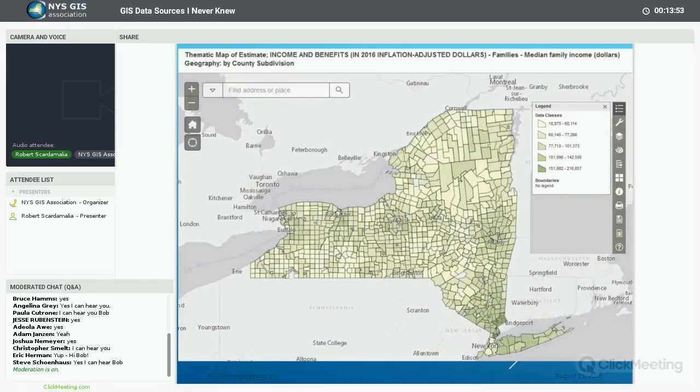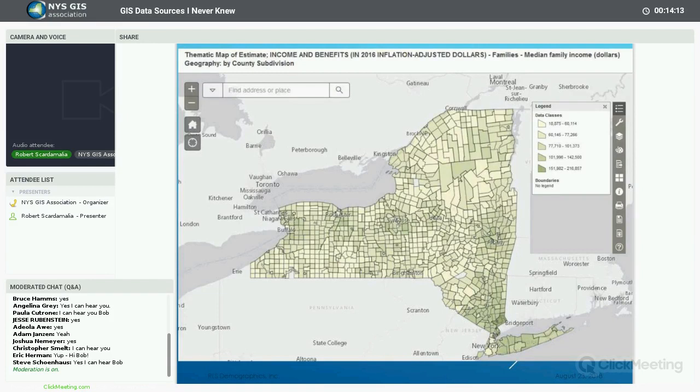For somebody like me that is kind of a novice and infrequent GIS thematic mapper, I'll sometimes use the Census Bureau Fact Finder mapping system, just to get a quick look. And that's what this is, a quick thematic map of median family income from the American Community Survey.